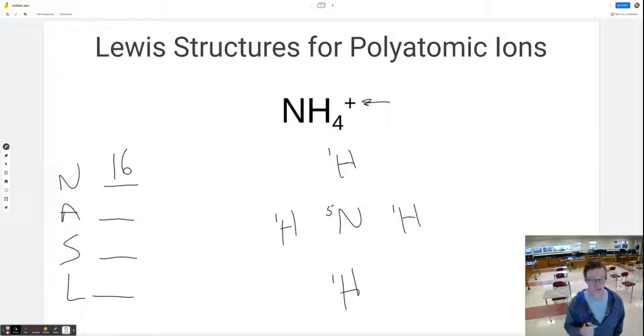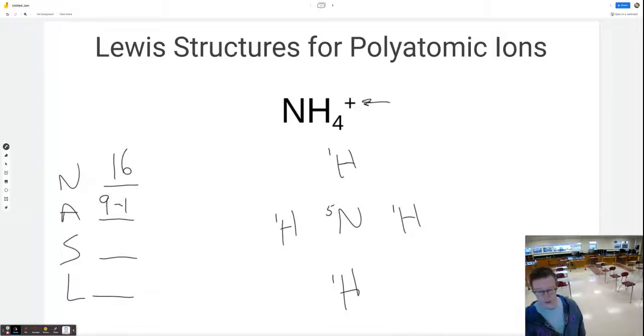So when we figure the available electrons, we have to adjust that number based on the charge. So it's 9 minus the 1. So you do the opposite of whatever the charge is. It's a plus charge, so I'm going to subtract 1, which means I really have 8 available. Okay, so that is the only step in this process that's different because of the charge.